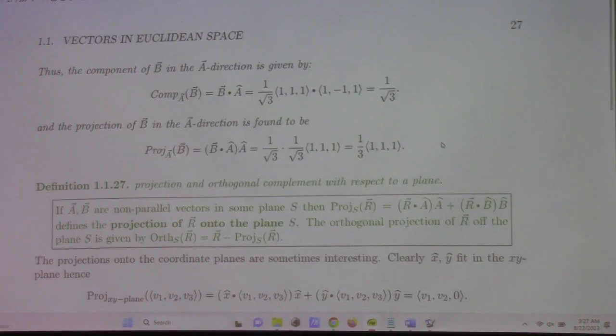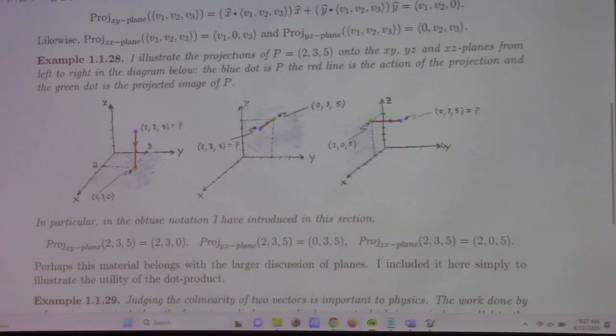All right, anyway, what I wanted to show you was these pictures just briefly. We can also talk about the distance from a point to a plane, right? And again, it should be the distance to the closest point on the plane.